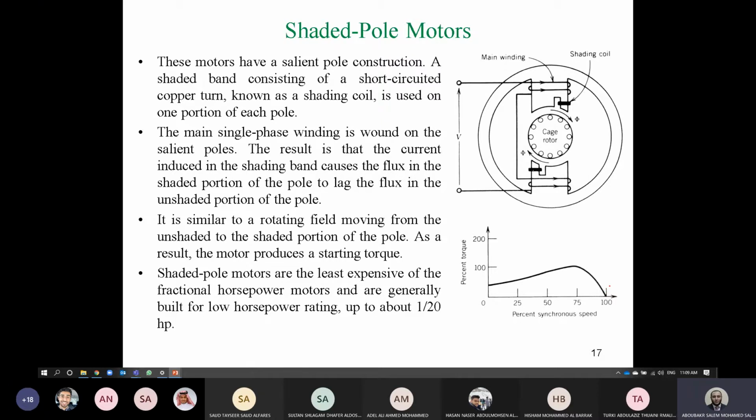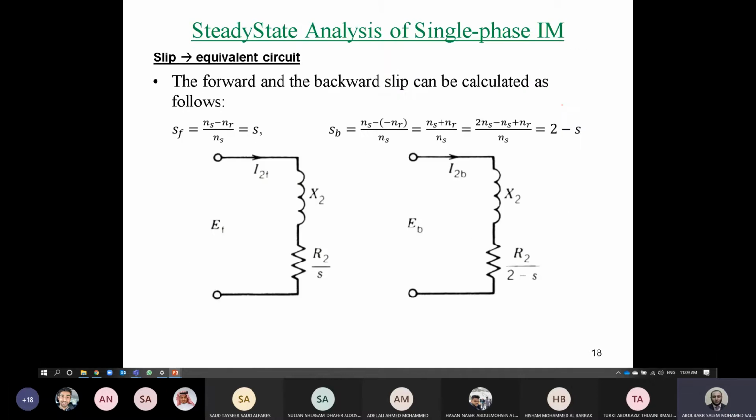So it's a bit different also from our model that we are going to discuss, because these windings are inserted for the whole operation, during starting and steady state. So the model we are going to discuss, Shabab, is just for the single-phase induction motor when the auxiliary windings are removed. Okay, so this is our model that we are going to discuss, inshallah.